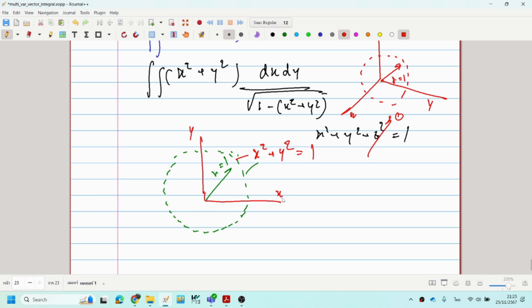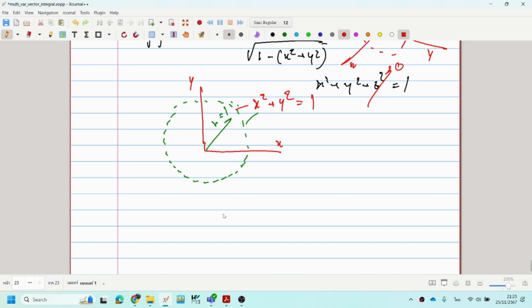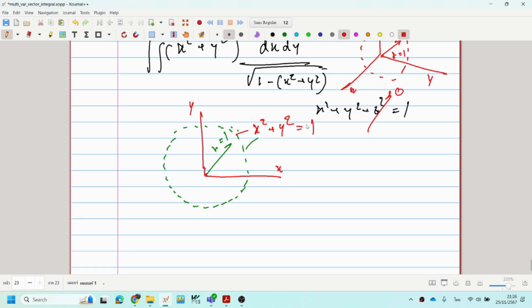You keep the x direction. Okay, start from the left, move to the right along the x-axis. Okay, start at x.